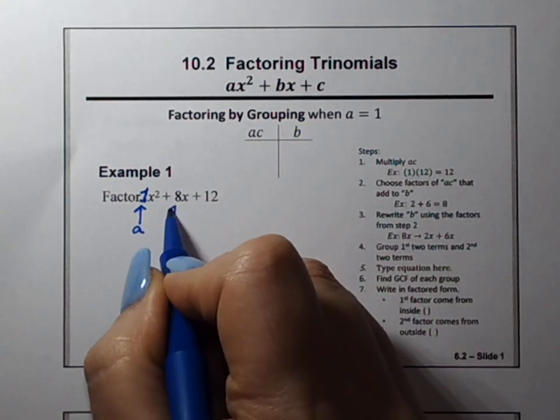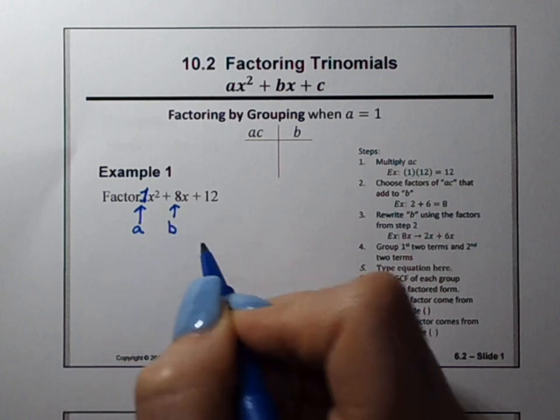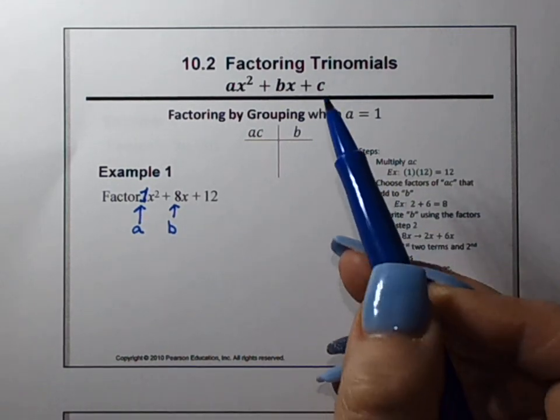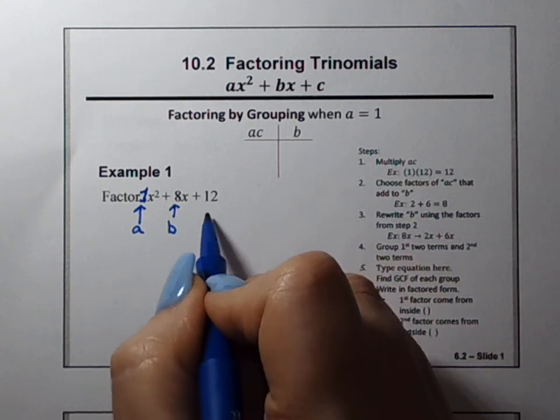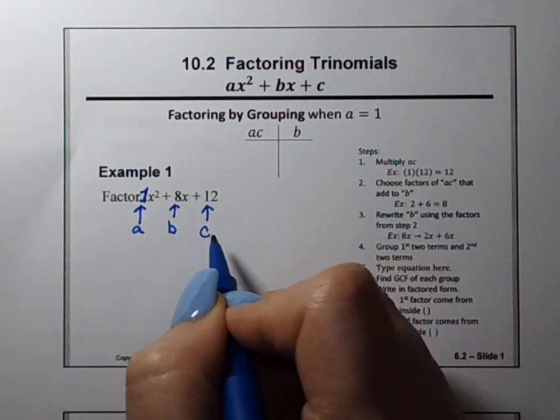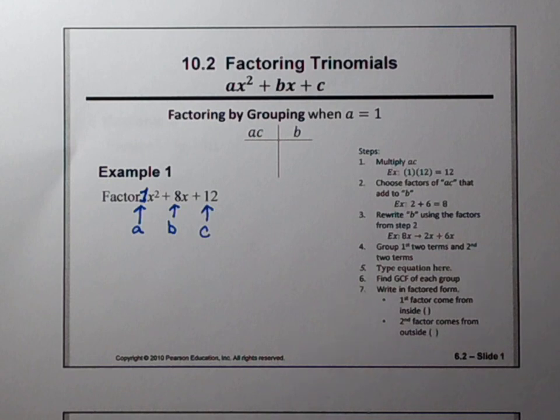In this case, the b would be that 8 right there. And then lastly, our c is our constant, and that's going to be the term that does not have an x on it. So that is going to be 12 in this example. Those are our three terms. And then we're going to go through these steps so we can factor.